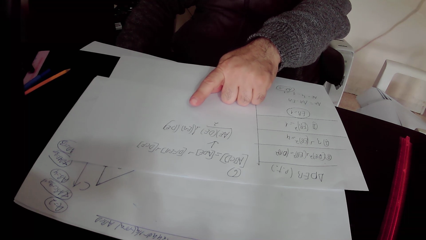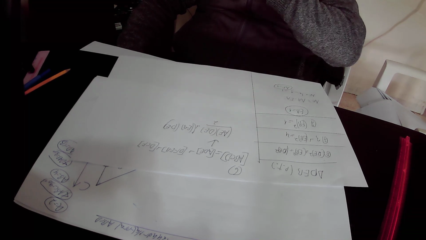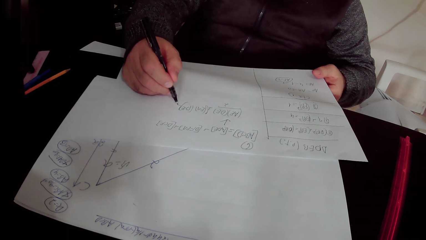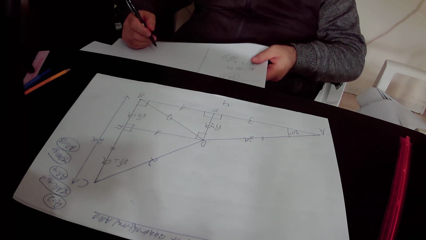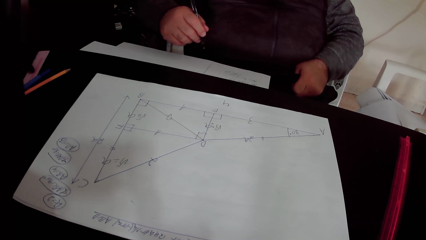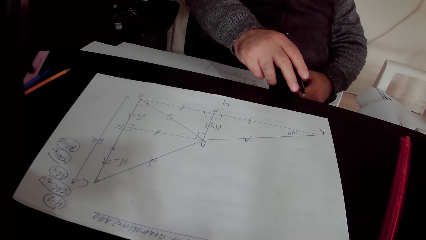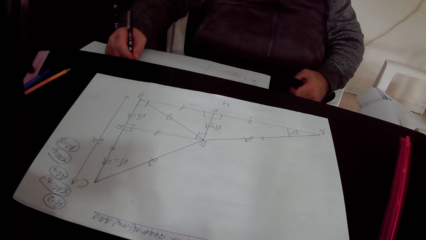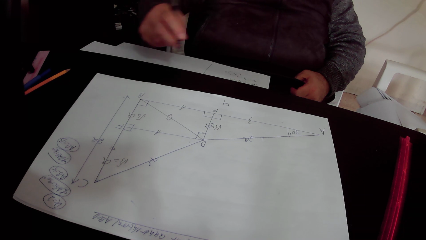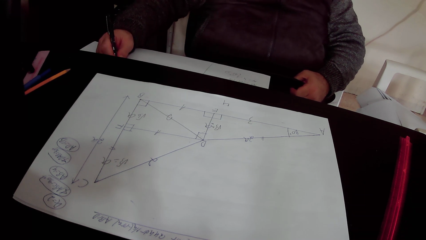Here it is the width, EB, times the length, DE, so it is the width times the length. And the area of the right triangle DCF equals the base times the height over 2.